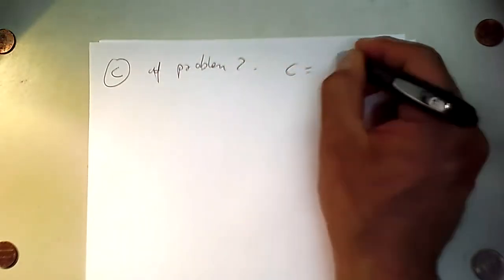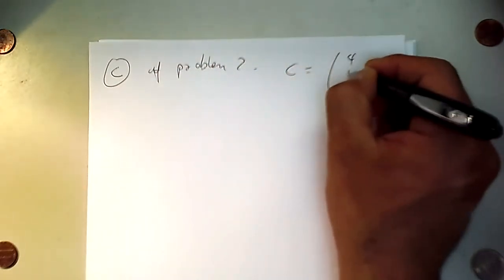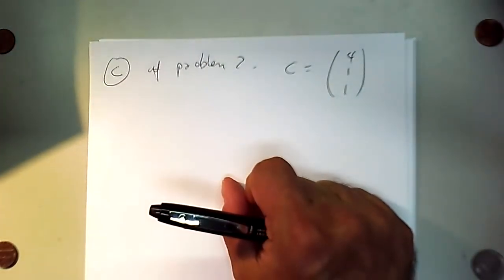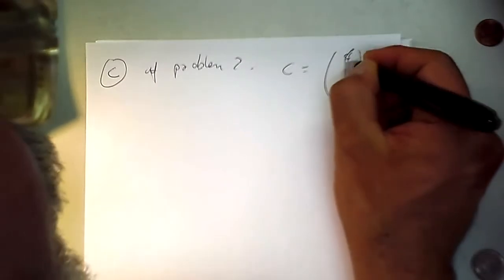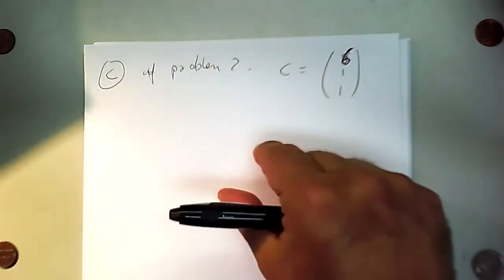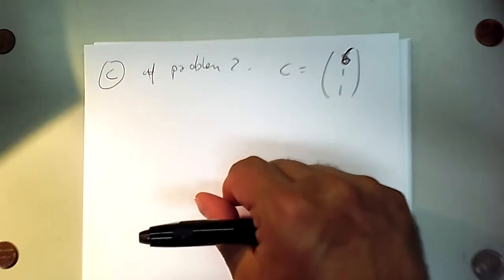Say the cost was 4, 1, 1. So $4 for every X, $1 and $1. I want to be safe. Let's just say $6. Sorry about changing that. I think that will change the scale.